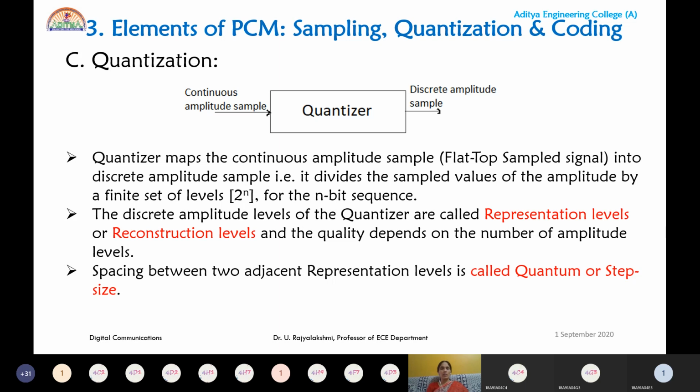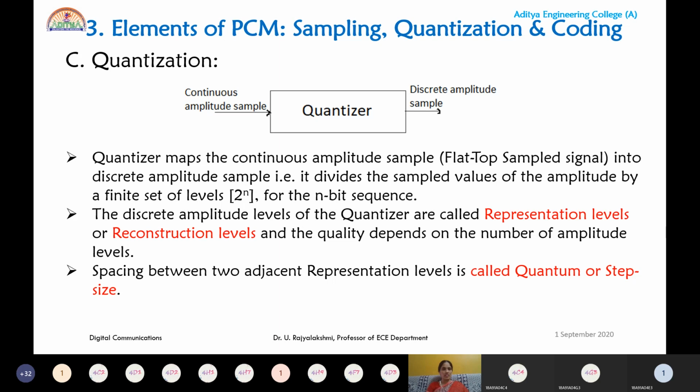The spacing between two representation levels is defined as the step size. Based on the step size value, if it is fixed, it is called uniform quantization. If the step size is variable, it is called non-uniform quantization.